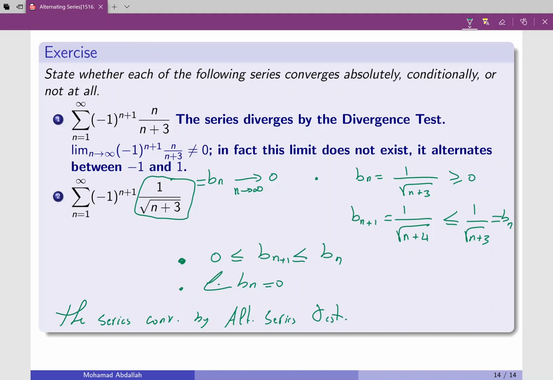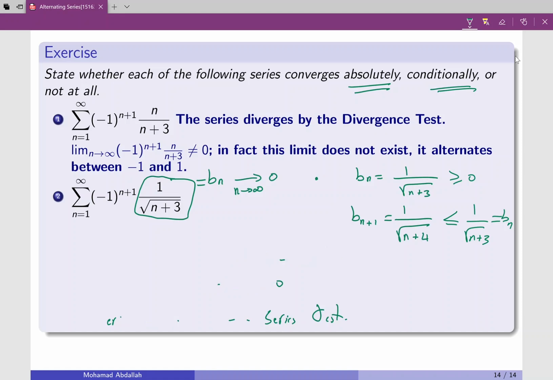Okay, but I want to tell whether it's absolutely or conditionally convergent. So I'm done with the first part. I know it's convergent. Now the second part, I want to check the absolute value of the sum.